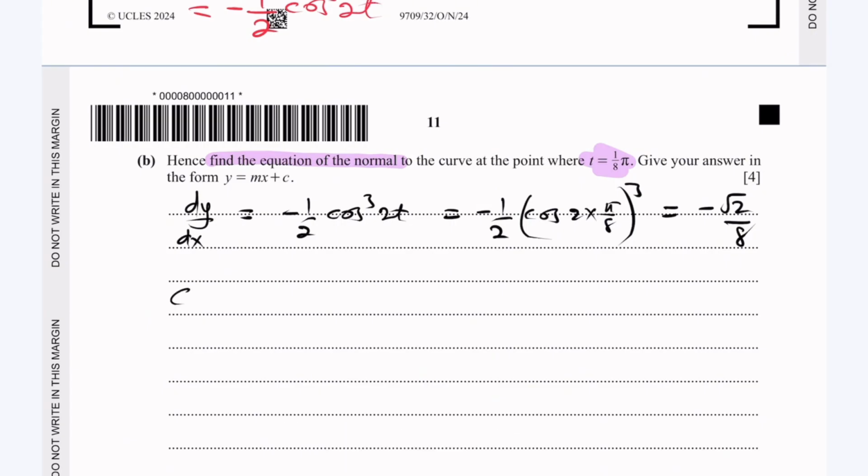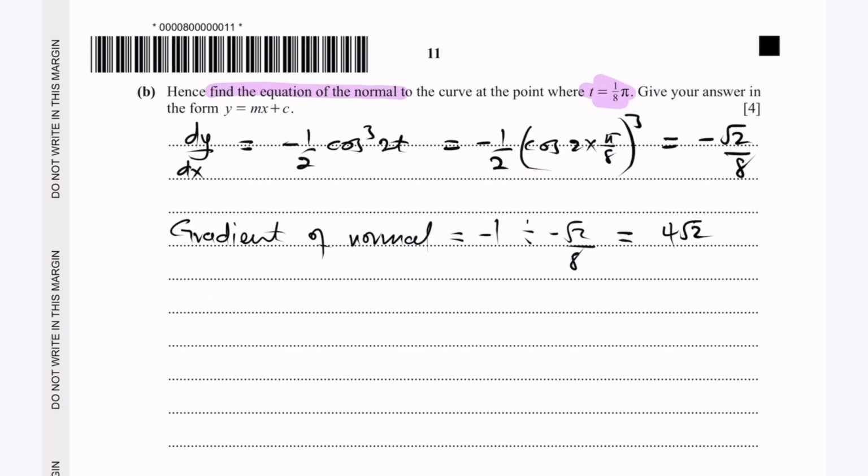Therefore, the gradient of the normal will be negative 1 divided by this, and we should get 4 root 2. Okay, and then we need to look for our x and y values.